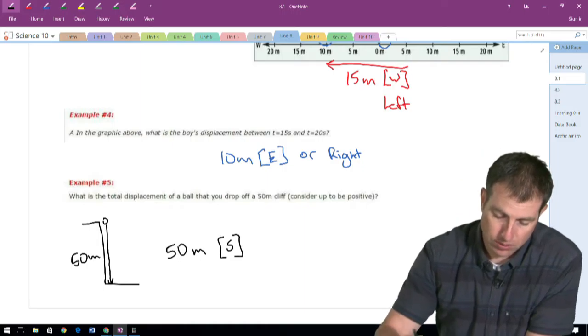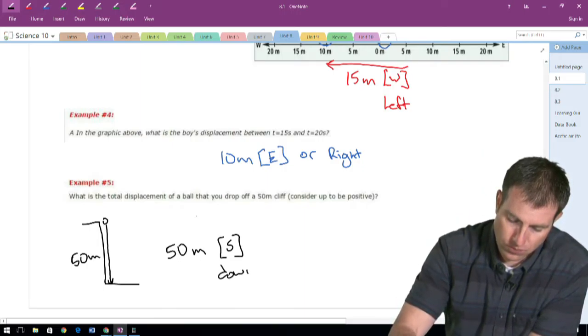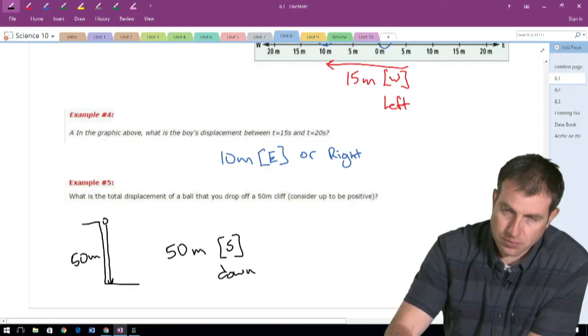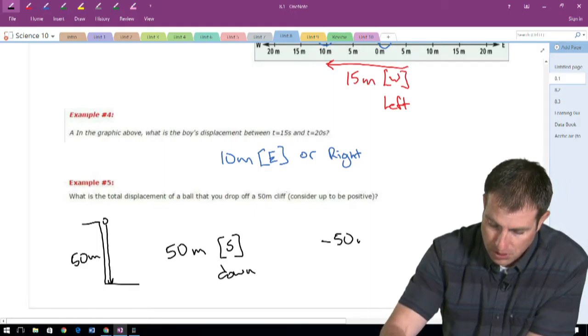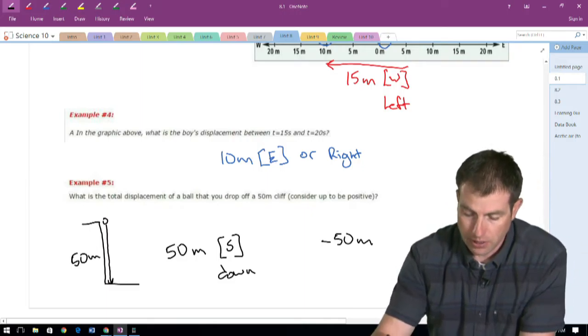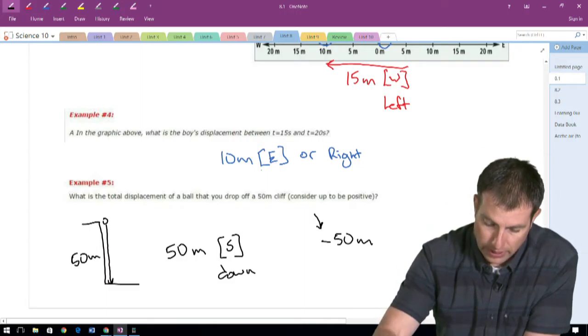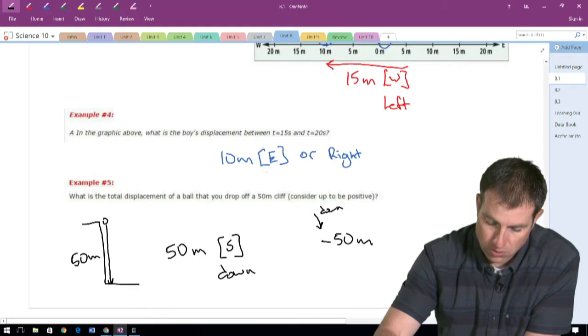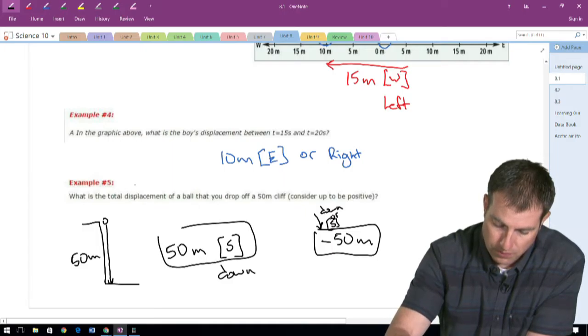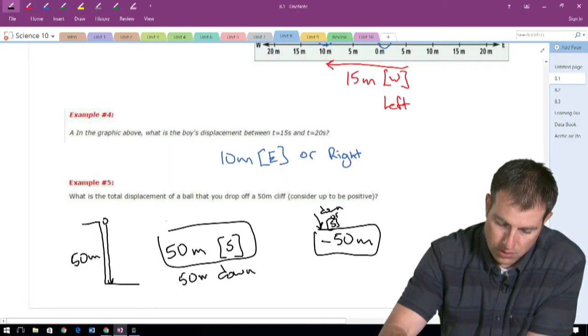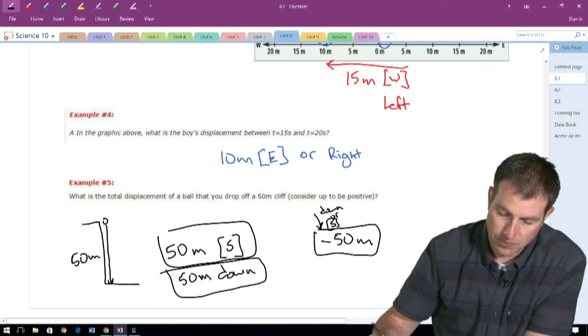I could say down as well. And Eric, you're right, I could just call it negative 50 meters, and the negative is implying down or south. So that would be good.